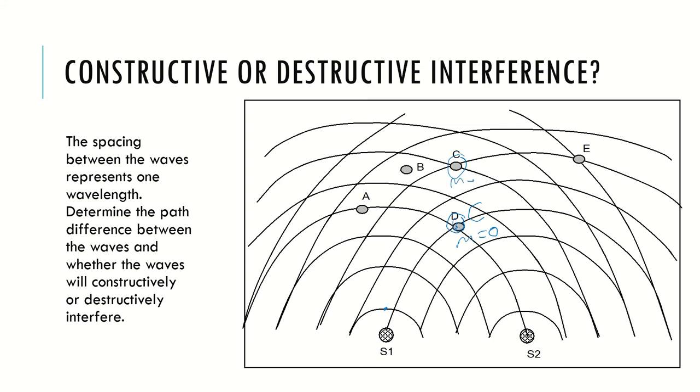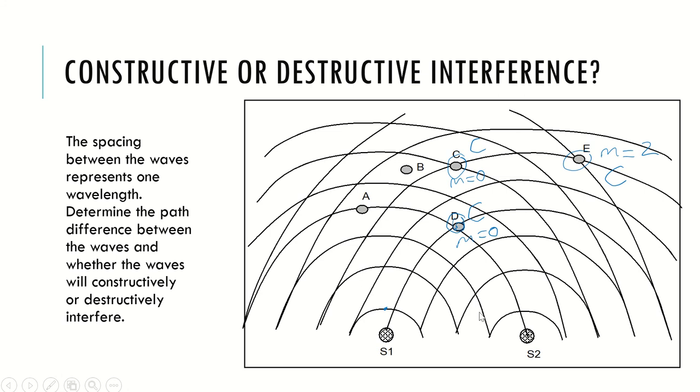So it's going to be a path difference of 0, and it's going to result in constructive interference. Again, at point E, it's going to be 1, 2, 3, 4, 5, 6 wavelengths, and 1, 2, 3, 4, 5, 6, 7, 8. So 6 and 8, so it's going to be a path difference of 2 wavelengths, and it's also going to result in constructive interference.